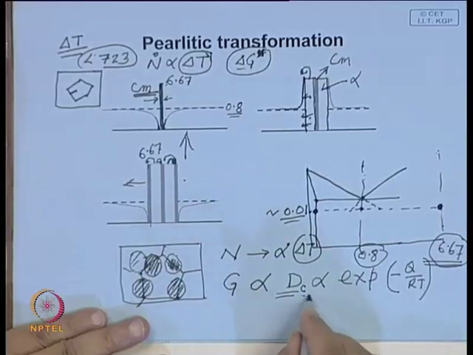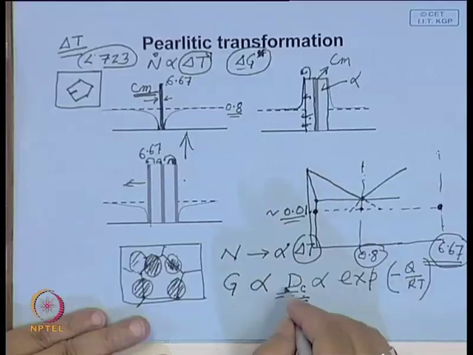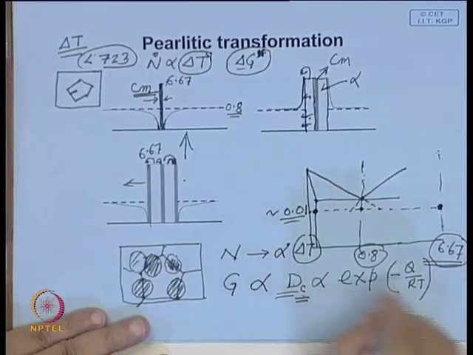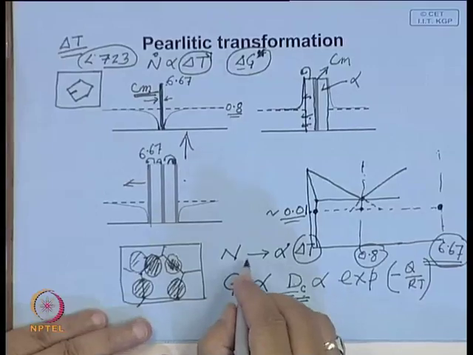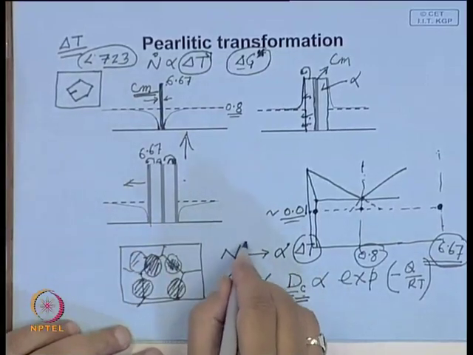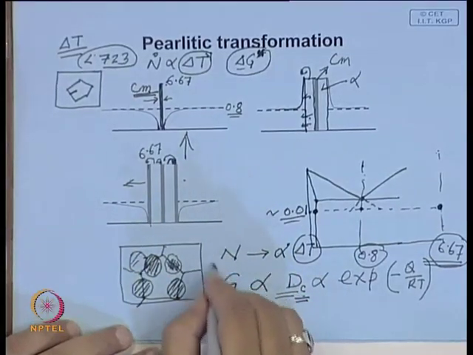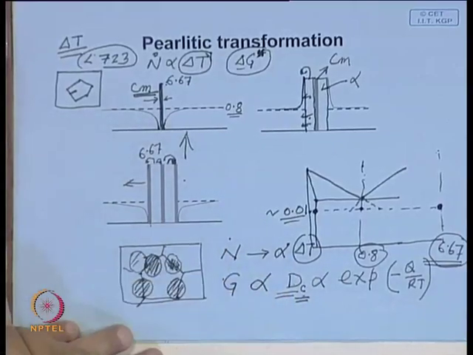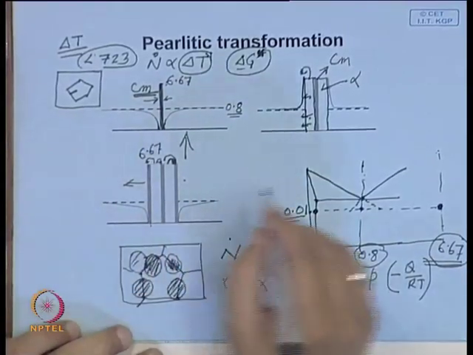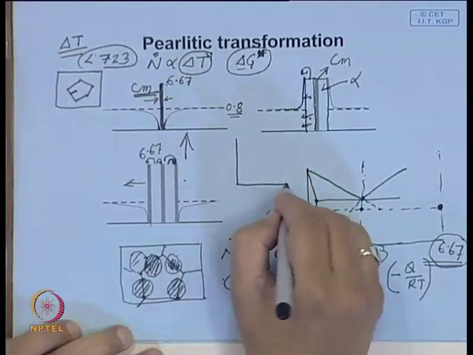So this will depend on the diffusivity of carbon atom, an interstitial atom that can diffuse much faster. So this growth will be primarily determined by the diffusivity of carbon atom, and as the temperature goes down, growth becomes slower. That is why there is an optimum combination of nucleation and growth where the reaction is fastest, and that happens near the nose of the TTT diagram.